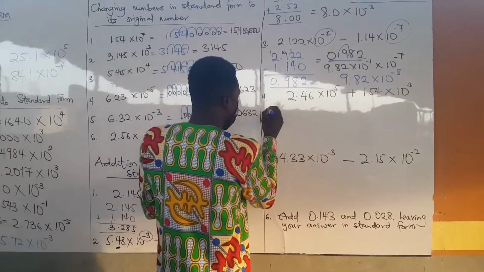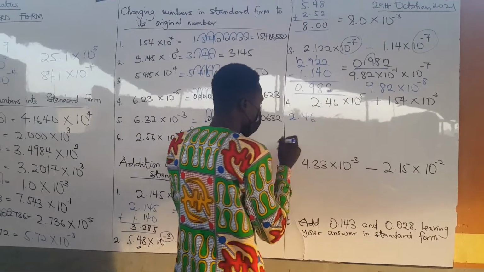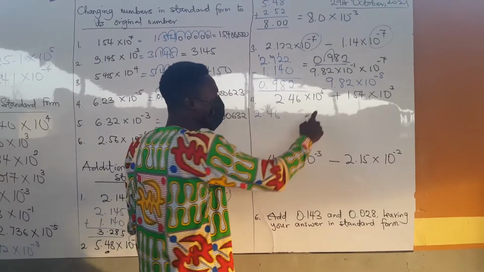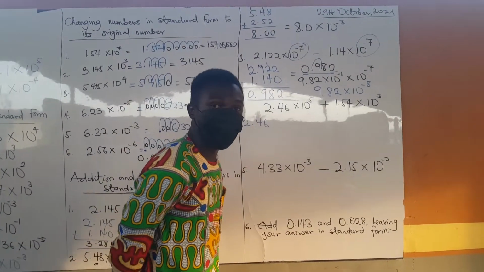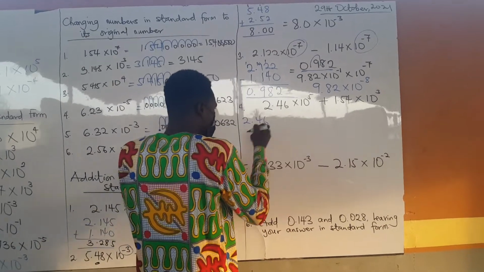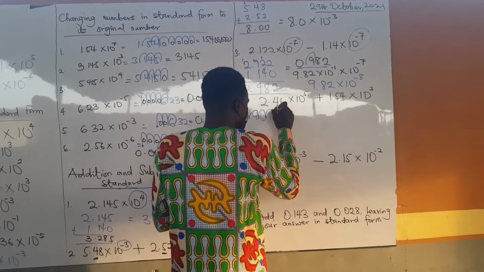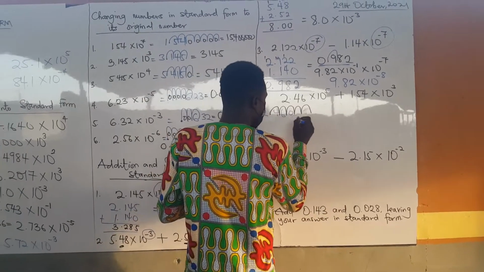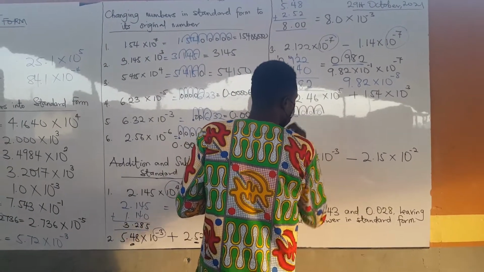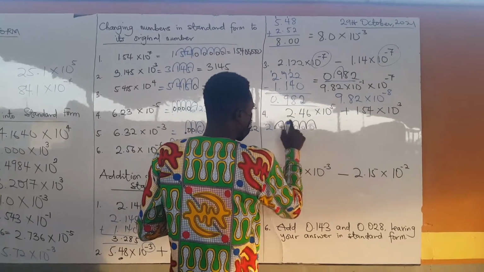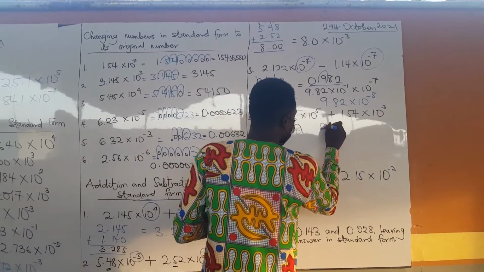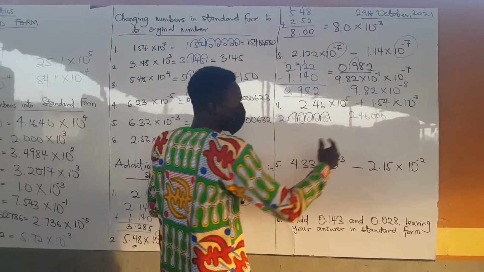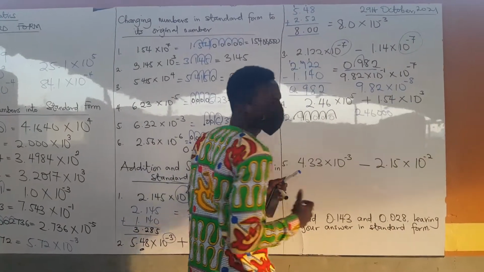The power is positive, and we were told that if the power of 10 is positive, move to your right. So I'm going to move 1, 2, 3, 4, 5 times. No number, 0, no number, 0, no number, 0. So with this number, I'm having 246,000.